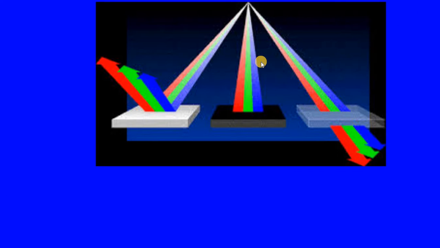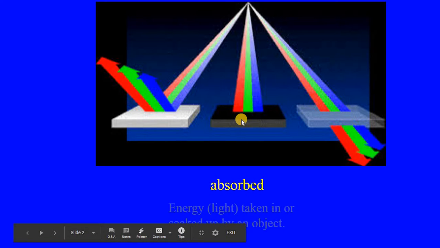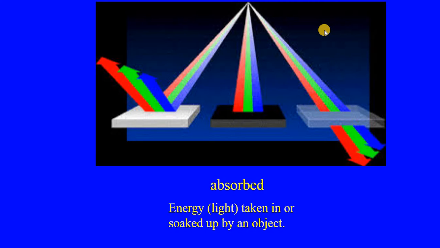We're looking at light. We're looking at white visible light that we have. And some objects can absorb light, like this example here. What it means is energy taken in or soaked up by an object, like a rock.